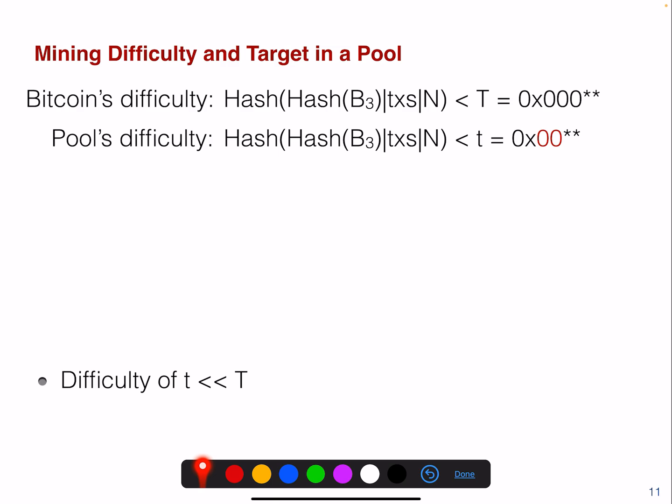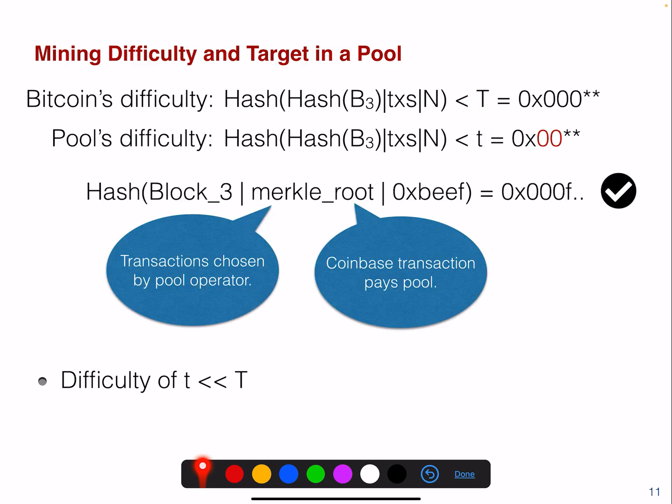If the pool difficulty is smaller than the network difficulty, so we have big capital T and small t, then what we need to do is find a block, right? And if we find one that is valid according to this rule, then the pool will accept it and will record, okay, this is the share that your computer is processing.